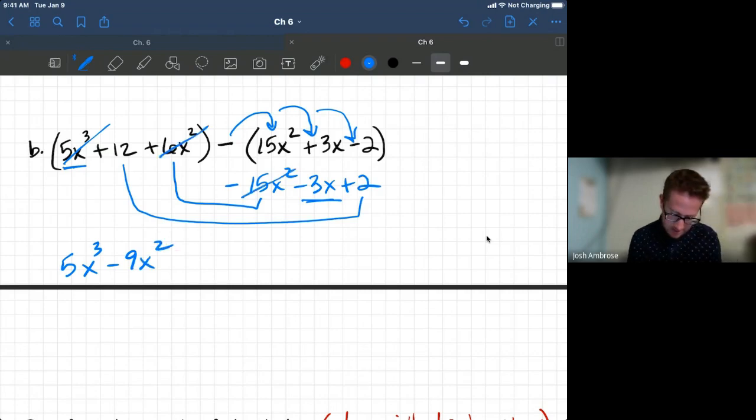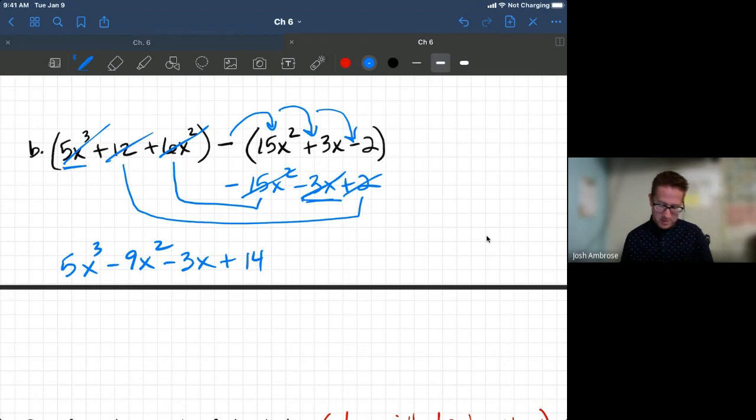Now minus 3x, that had nothing to go with. And the last piece, 12 plus 2, giving you a plus 14. Everything is all taken care of. Perfect descending order, decreasing exponents. There you go, that's the standard form right there.